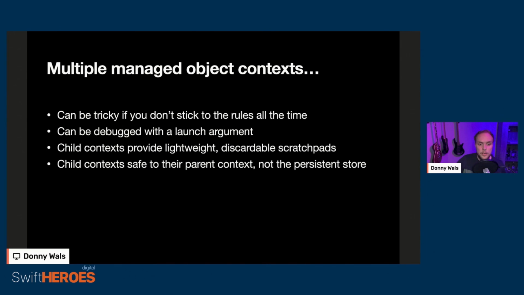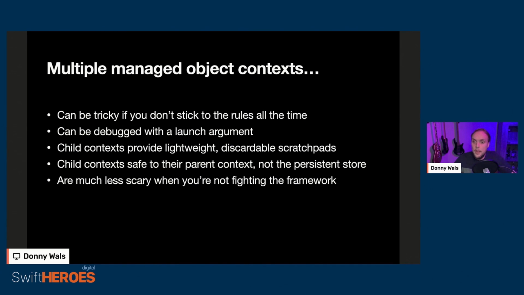Now, child contexts save to their parent context and not to the persistent store. So that means that you need to save two contexts if you want to persist something that you did in the child context forever. And most importantly, I hope that you understand that they are much less scary when you're not fighting the framework. The more you fight the framework with abstractions, the more likely it is that you're going to run into trouble here, because it will be harder to manage everything.